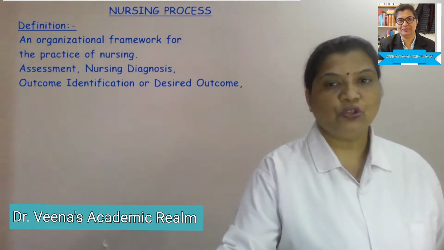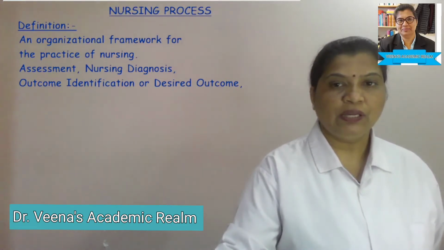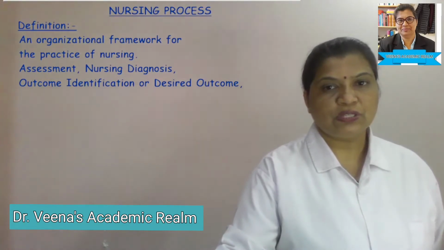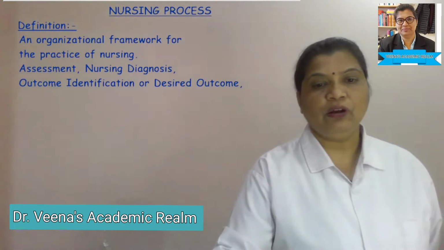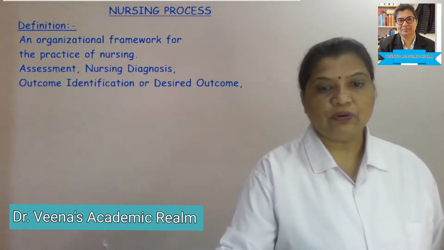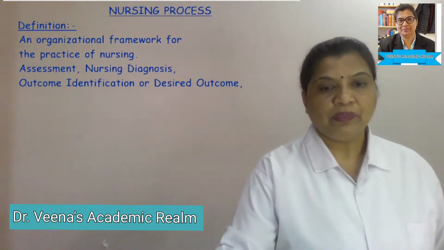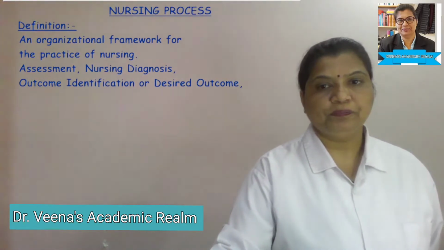And then evaluation of the care. So we are going to see the nursing process in depth in a few sessions. So this is the nursing process definition, that it is an organized framework for practicing nursing assessment, nursing diagnosis, outcome identification or desired outcome, and planning, implementation and evaluation.